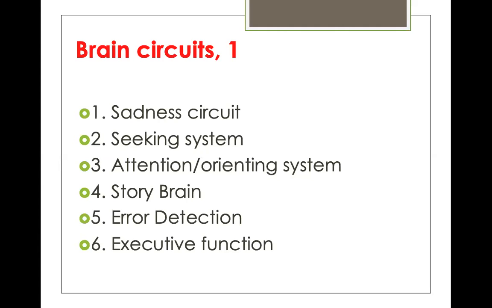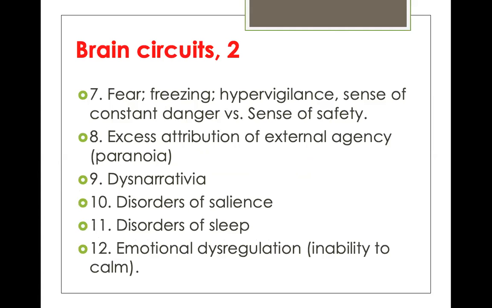It's partially acetylcholinergic. It breaks down in dementia, particularly in Alzheimer's dementia. There's the error detection system, which relies heavily on the anterior cingulate cortex. The executive functioning system, the fear, freezing, hypervigilance, sense of constant danger, sense of safety, which relies heavily on the amygdala, various amygdaloid nuclei.